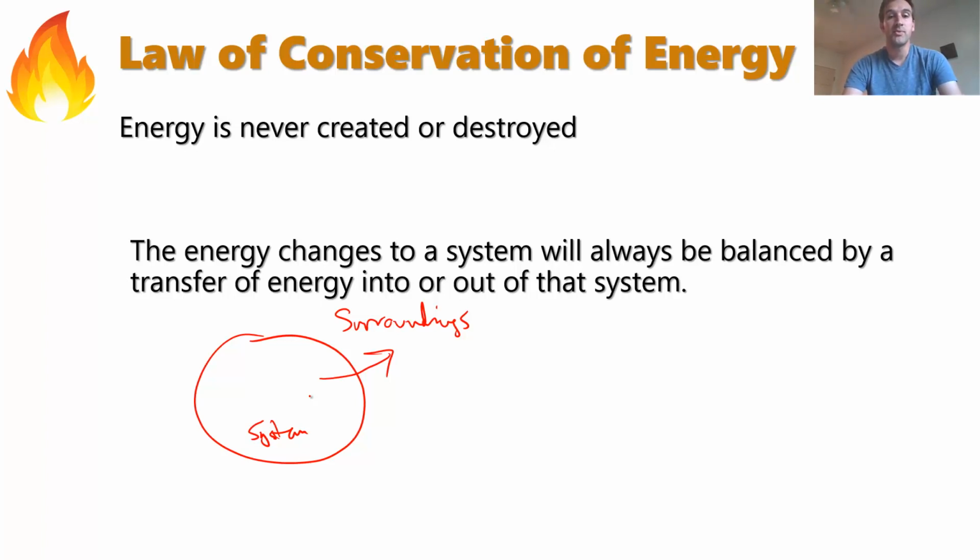Another idea is that energy can change form, but that doesn't mean that it's been destroyed. So remember our previous example where we talked about having a ball at a height. Well, initially, it has just pure potential energy. So it's 100% potential energy.